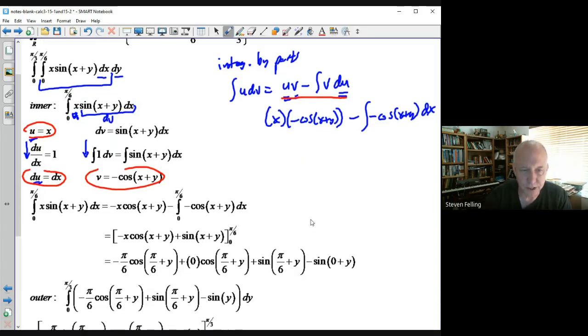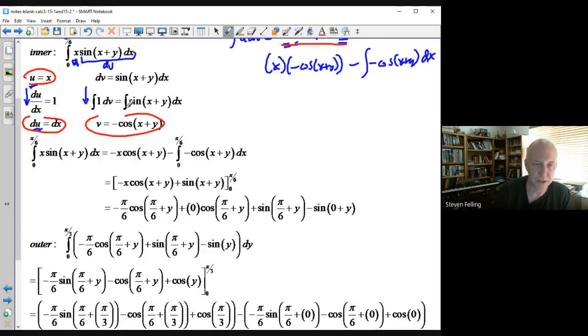So at this point we have our negative x cosine x plus y plus the antiderivative of cosine, which is just straight sine. And now I'm going to plug these two x values in for the x's. So I've got negative pi over 6 cosine of pi over 6 plus y plus... minus this expression with 0 plugged in.